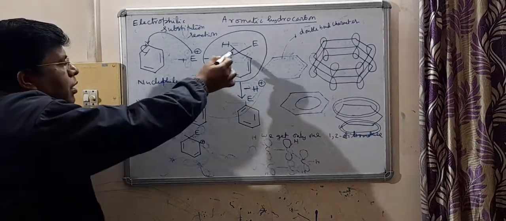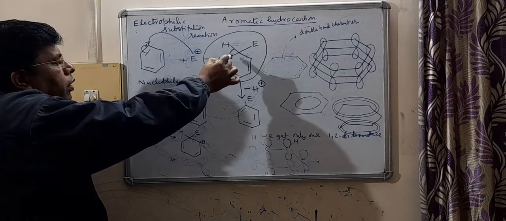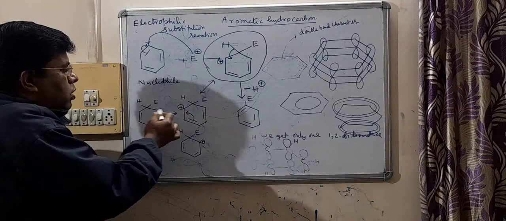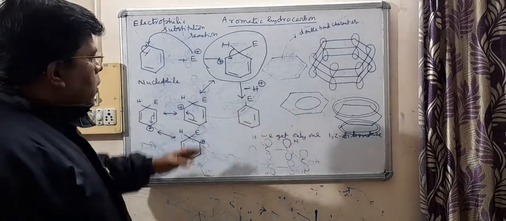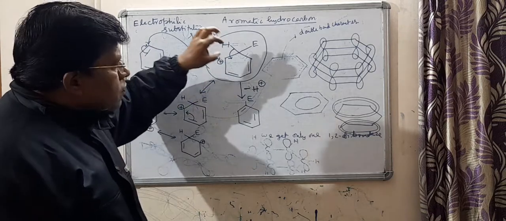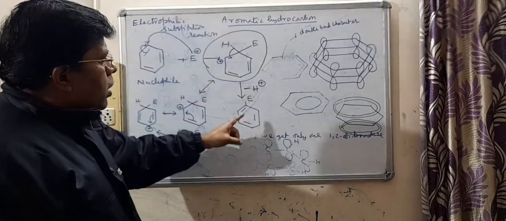So this intermediate is stable. We can understand it from all these resonating structures. And since this intermediate is stable, that's why it is formed, and from here we get the product.